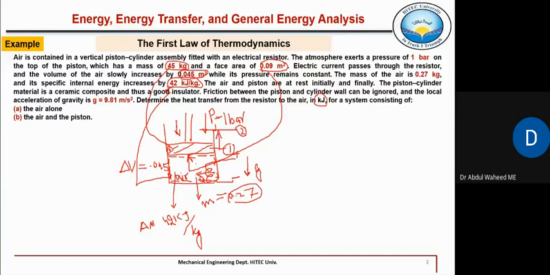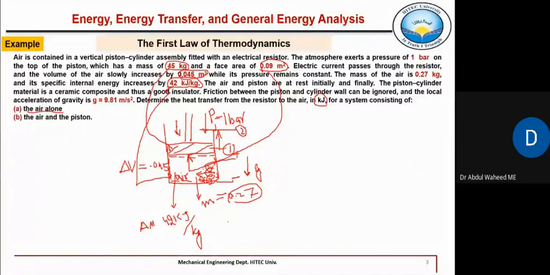Only air is the system. So here you can draw the boundary in more detail, so that you can show this resistance outside the system. The piston and this electric resistor are also a surrounding. This is part A. We shall solve part A when air is the system, and then we shall solve the same problem when air and piston both are the system.